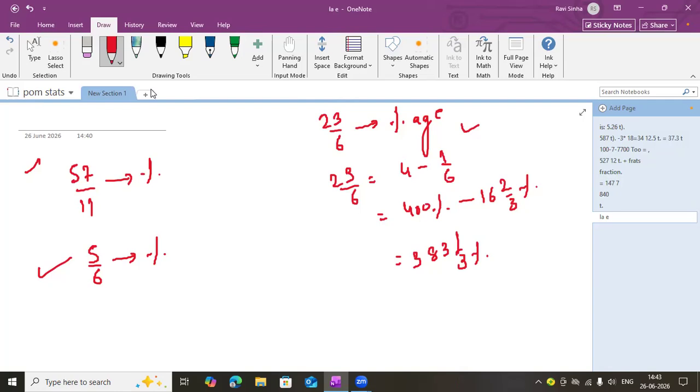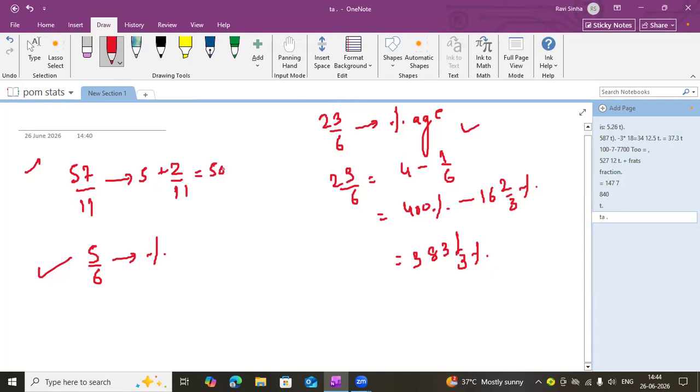So let us see how to proceed with these two questions. The first one is 57 by 11. How do we break this? We can write it as 5 plus 2 by 11.